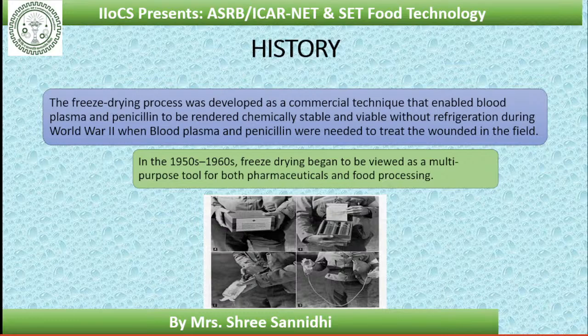In food, it came around the 1950s to 1960s, and it began to be viewed as a multi-purpose tool for both pharmaceuticals as well as food processing. Nowadays, we have more than 200 food products being freeze dried.